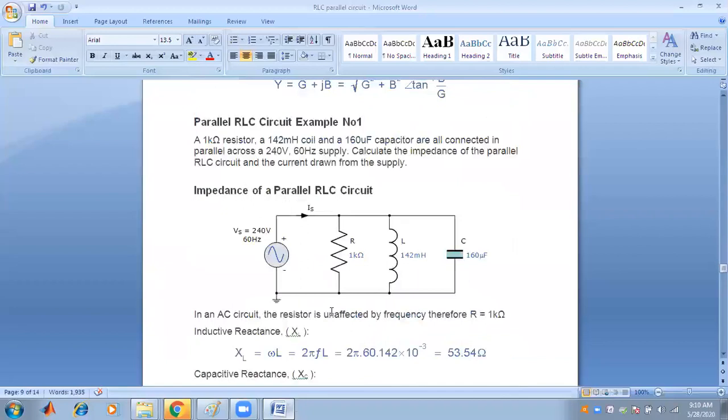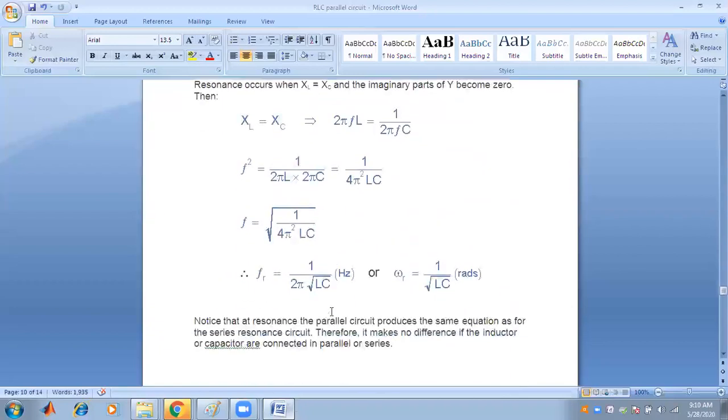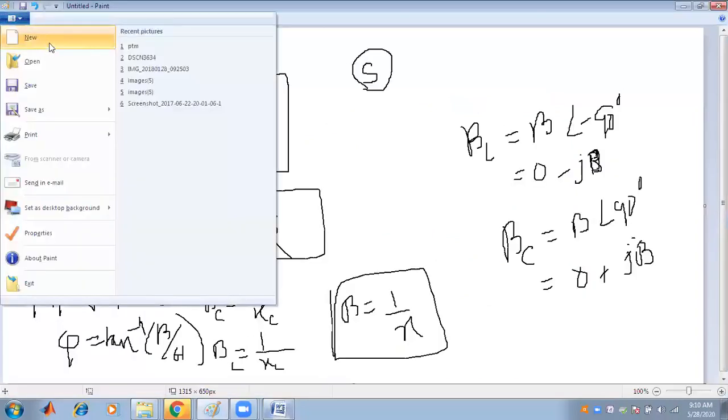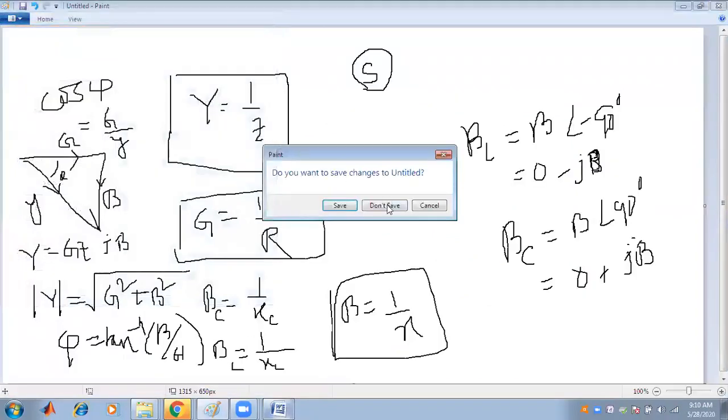So let us concentrate on another thing, which is called resonance. Resonance means the frequency at which the inductive reactance becomes equal to the capacitive reactance, that is XL becomes XC.